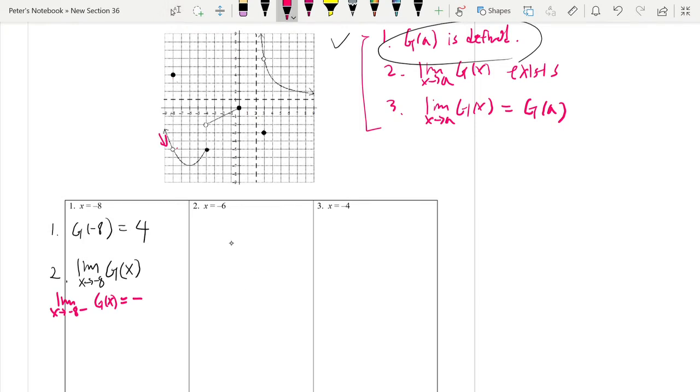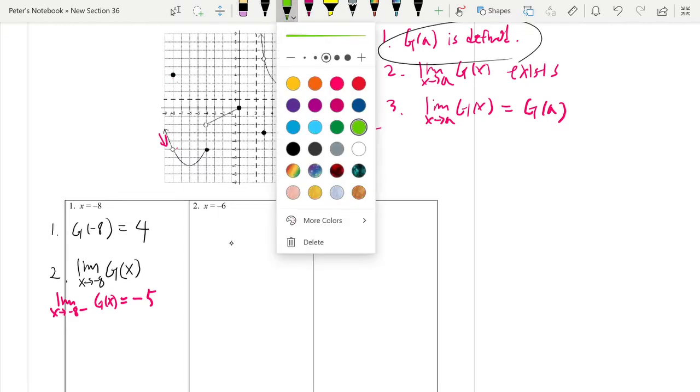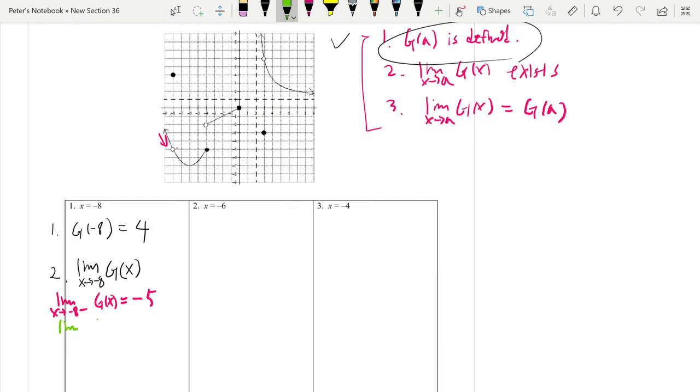Also, the limit as x approaches -8 from the right-hand side approaches the same hole right there, which gives you -5. So the limit does exist, and it is equal to -5. We satisfy the second condition.